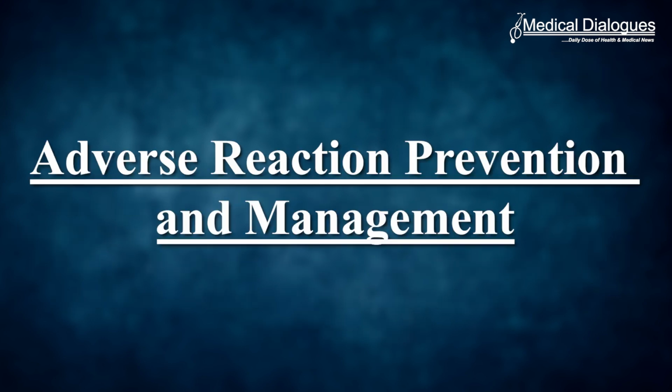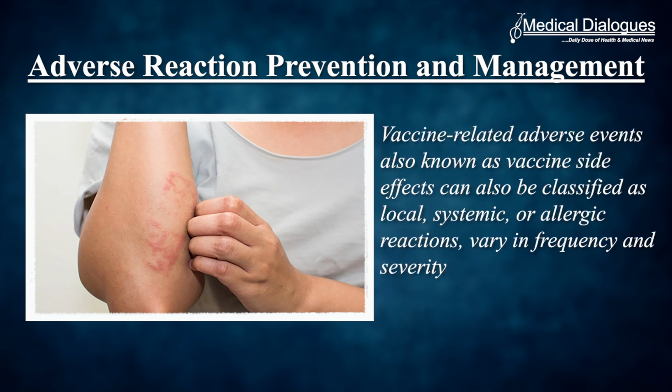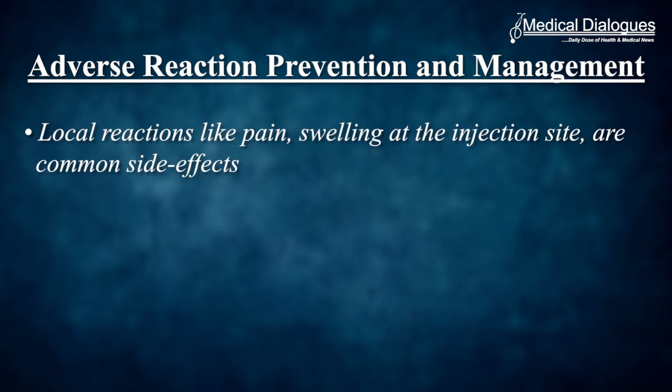Adverse reactions, prevention and management. Vaccine-related adverse events, also known as vaccine side effects, can be classified as local, systemic, or allergic reactions, and vary in frequency and severity. Local reactions like pain and swelling at the injection site are common side effects.